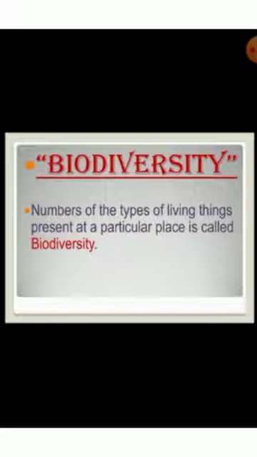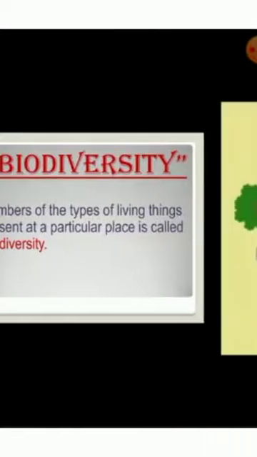See the picture. In this picture, biodiversity is shown. What is biodiversity? See, the number of types of living things present at a particular place is called biodiversity.